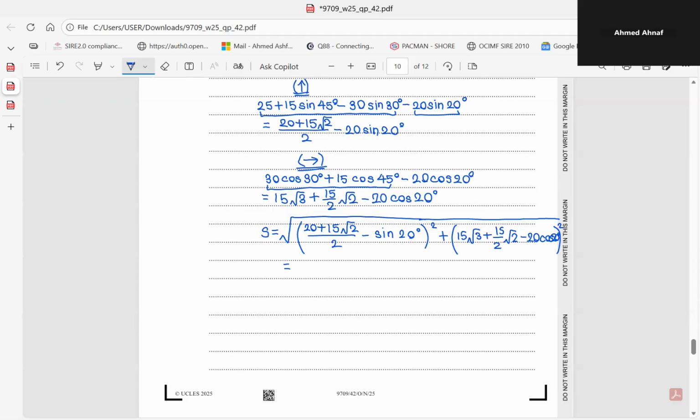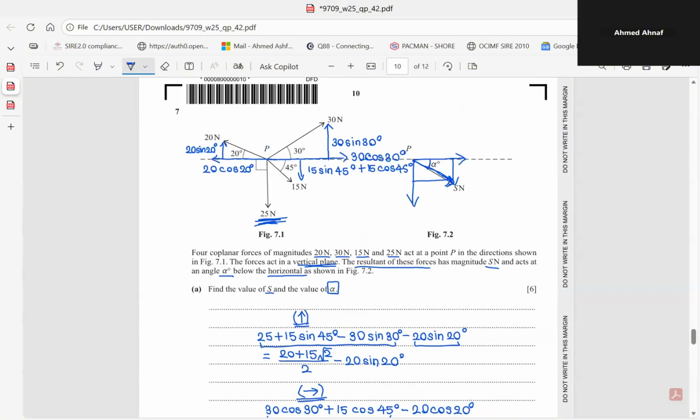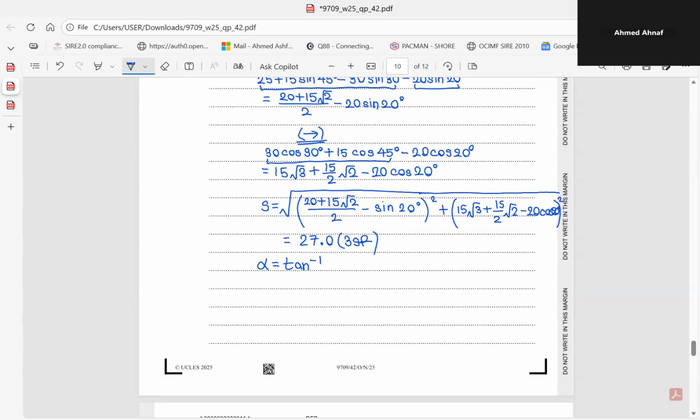So as you would get 27 to 3SF. And to find the angle alpha, you just take the tangent inverse. So using the right angle triangle analogy, take tangent inverse of the vertical resultant force over the horizontal resultant force.